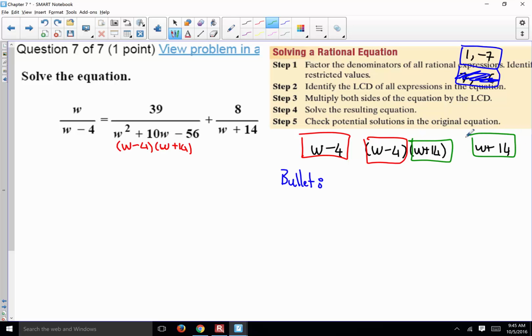What a coincidence, always two of them match. It's the same thing as previous one. So you have red and green, you just take one of each, red and green, put it next to each and every term on the left and right.